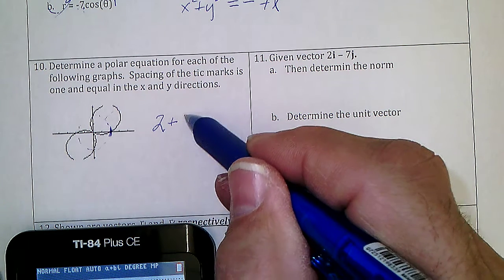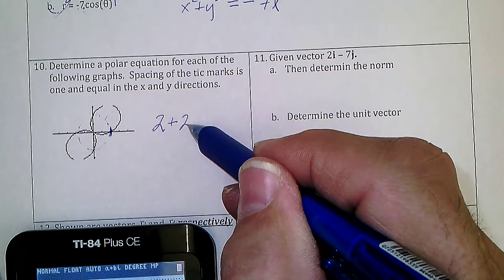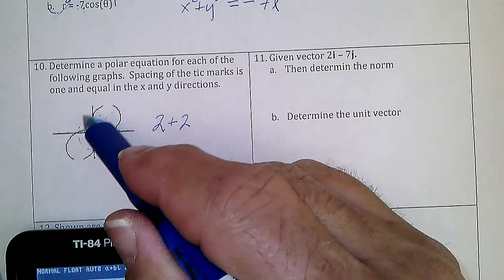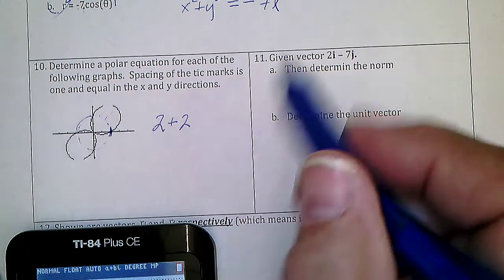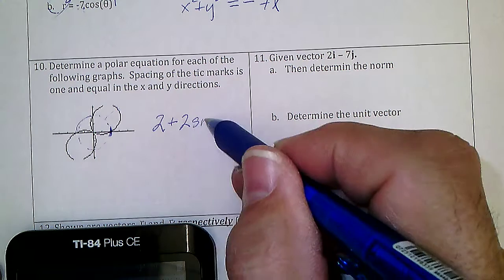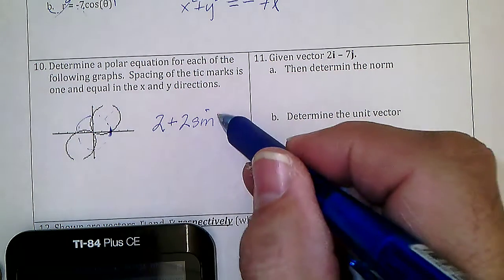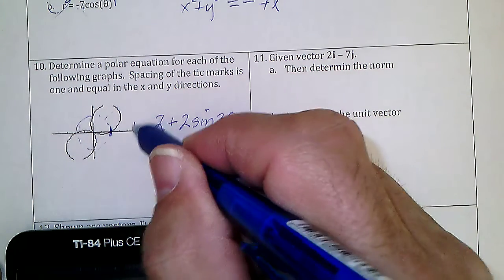So the amplitude of 2, so we can go 2 more and then 2 less. Here we're inside. And the one that starts on the center line is the sine. And we have 2 loops, so it's probably 2 theta is what r equals.